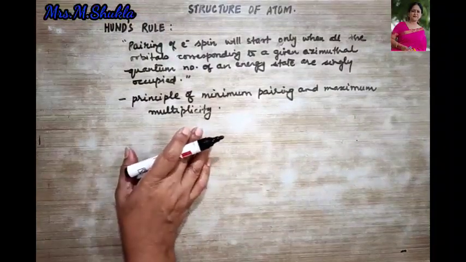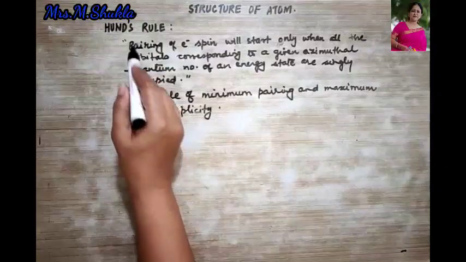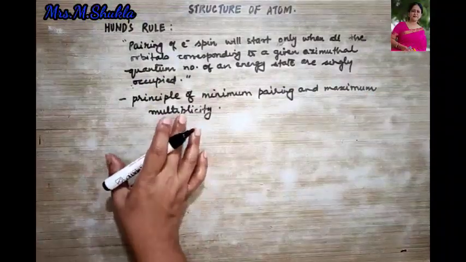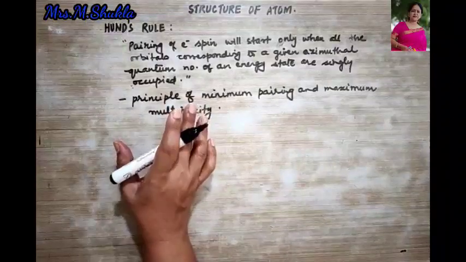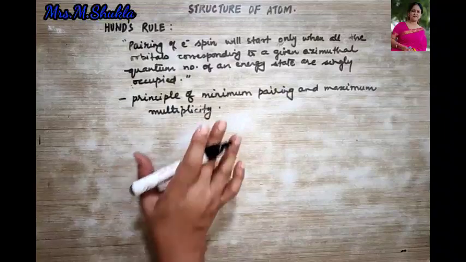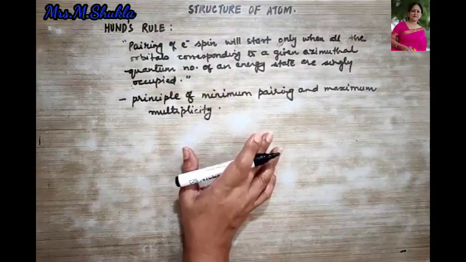Now let us understand what this particular Hund's rule states. Hund's rule provides guidelines for the filling of electrons in the degenerate orbitals of an atom.